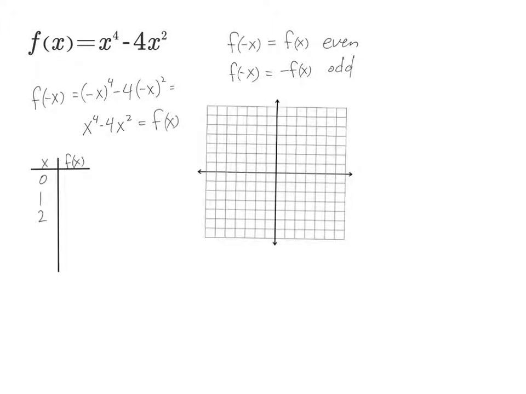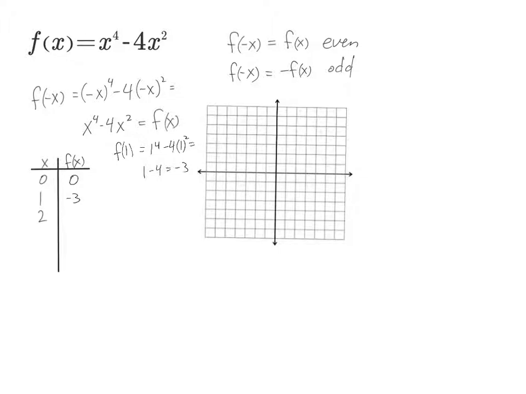So 0 is going to give me 0. f of 1 is going to be 1 to the fourth minus 4 times 1 squared. That's 1 to the fourth, which is 1, and then minus 4, which is negative 3.